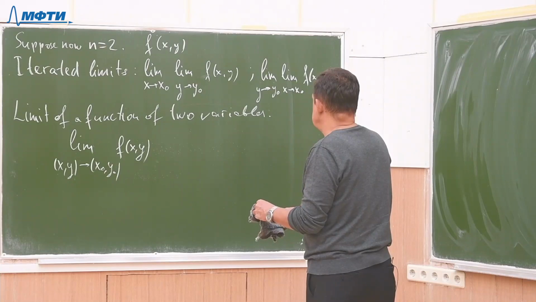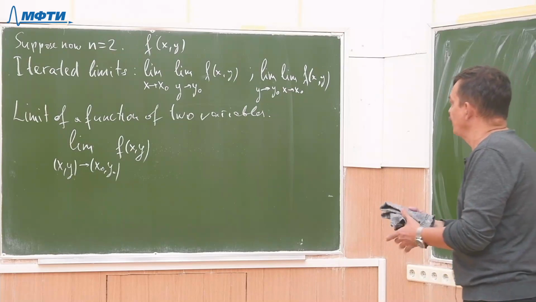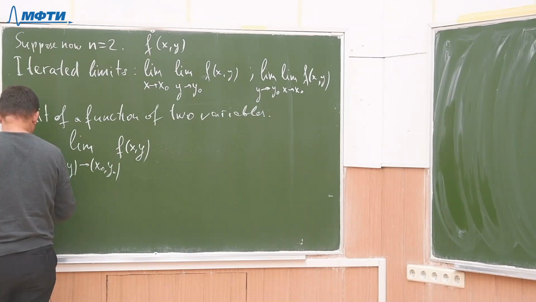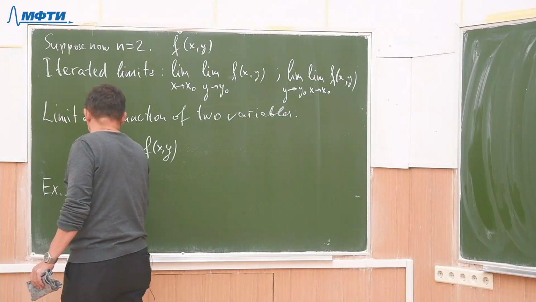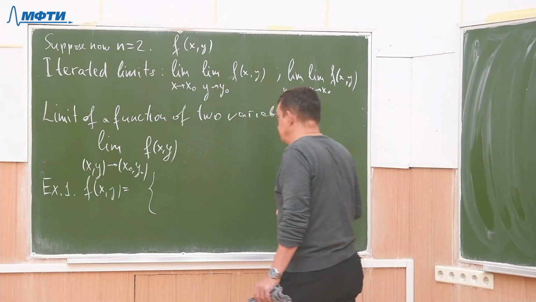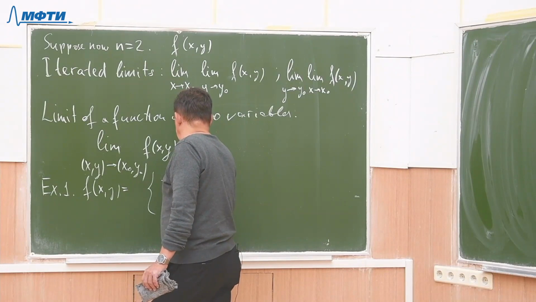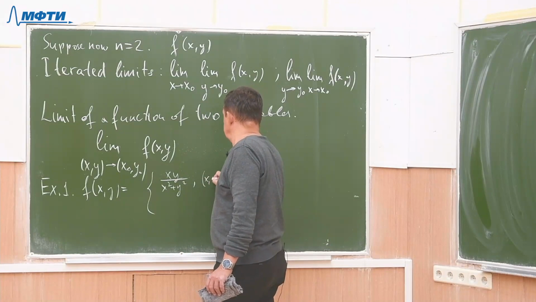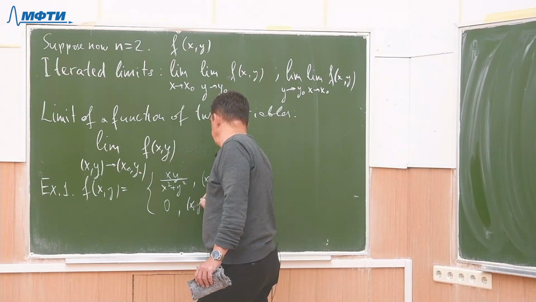Example 1. f of x, y equals xy over x squared plus y squared for xy not equal to 0, and 0 if it is 0.